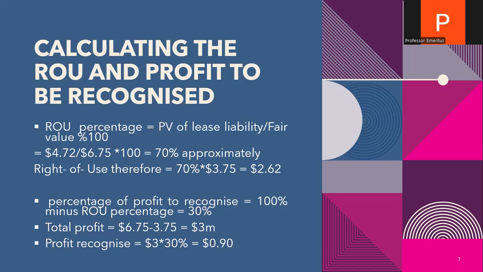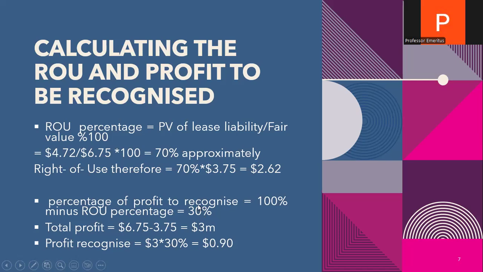But the portion of the profit I'll recognize is associated with a portion of the right transferred to the buyer lessor. So if the right of use of the asset is 70%, it means that the portion of the right transferred is 30%. Always work it out as a difference. So if I had 50% here, the portion of the profit I recognize is 50%.